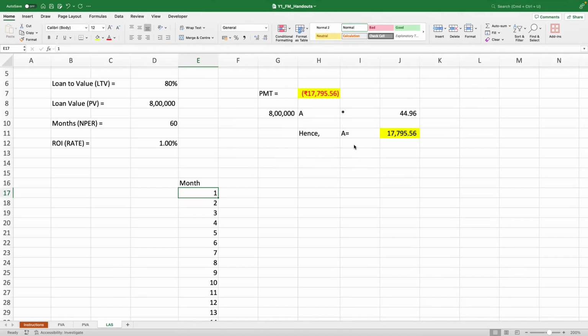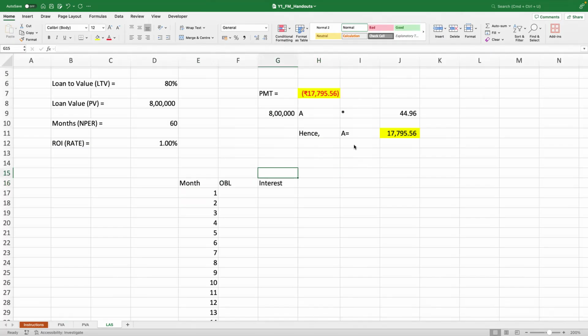So you have 60 months. You start with OBL. OBL is your opening balance of the loan. You add your interest. See, when the bank sanctions the loan to you, the interest is compounded monthly, which means on the month-end balance, the interest keeps getting added till you repay the loan.